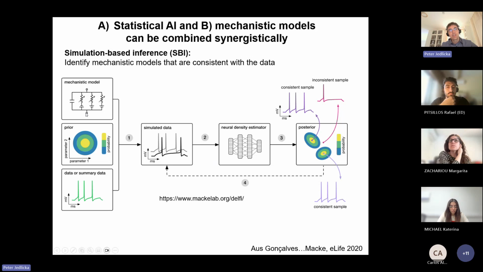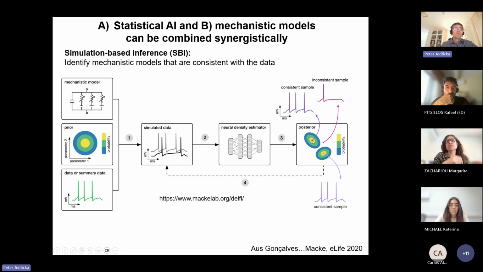So you see here an RC circuit and electrophysiological data, and you can then use this artificial neural network to basically determine the posterior distribution of parameters for your ion channels, for example.